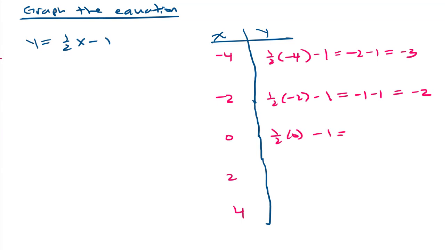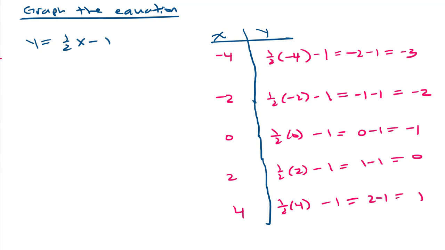Half of 0 is still going to give me 0, minus 1 will give me -1. And then 1/2 times 2, well, half of 2 is 1, so 1 minus 1 is 0. And then half of 4 minus 1. Half of 4 is 2, and 2 minus 1 will give me 1.